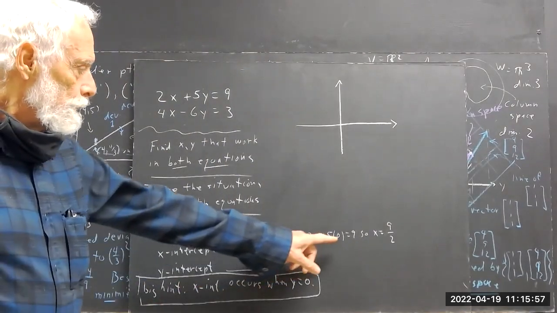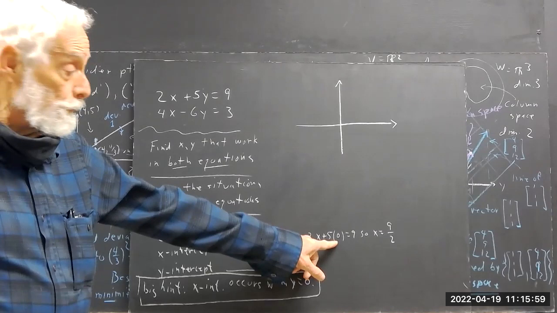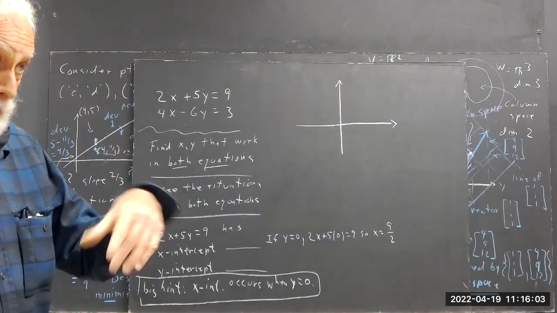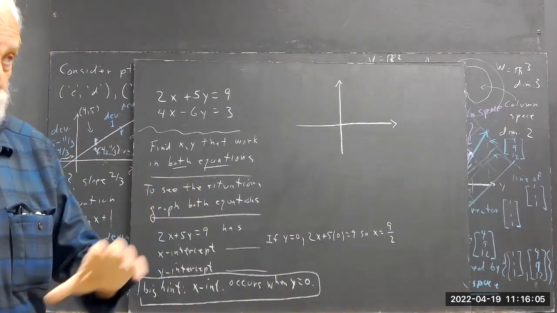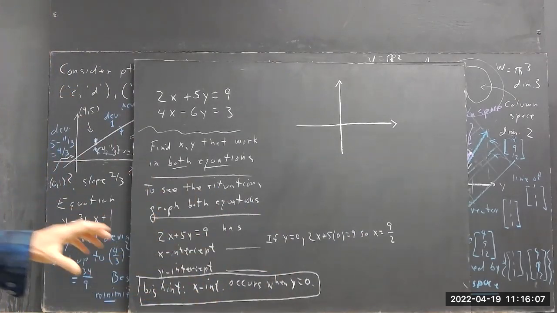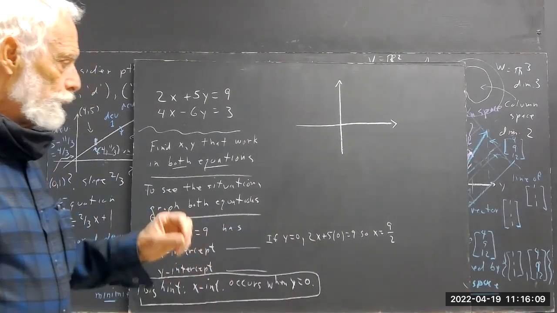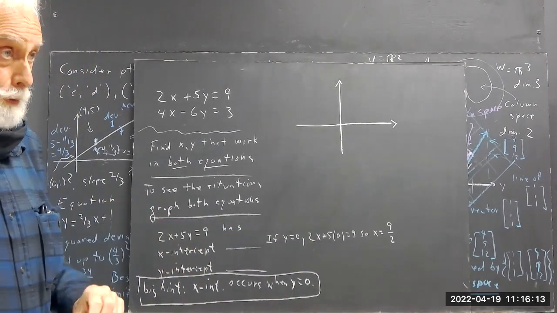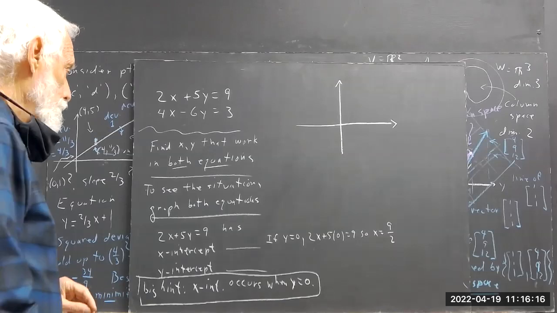If y is 0, you plug in 0 for y, and you solve the resulting equation for x. And I'm not going to go through the details of solving that equation, but if you can't solve that equation, you really need to get somebody to work you through it.